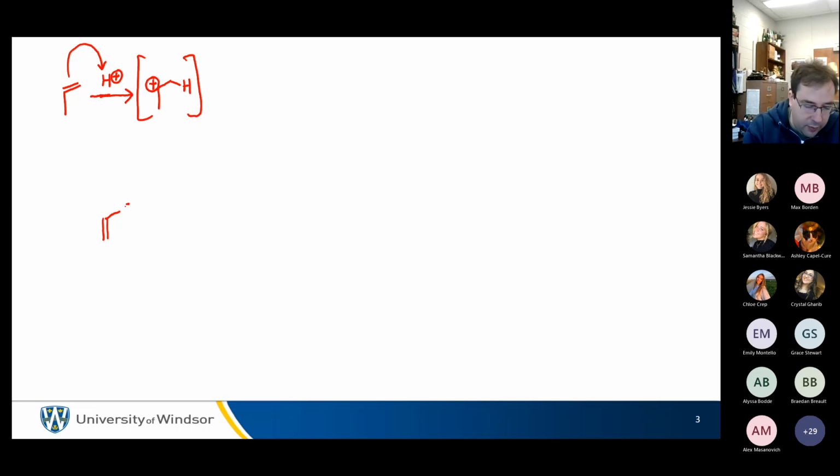Okay, the example I'm going to give is this one. Next example. Take some time, draw it out, think about the two options, and consider what possibilities there are here.